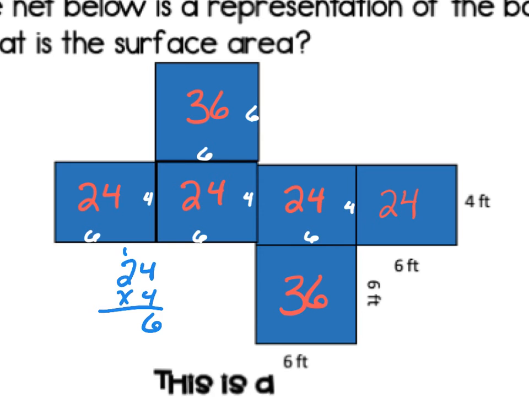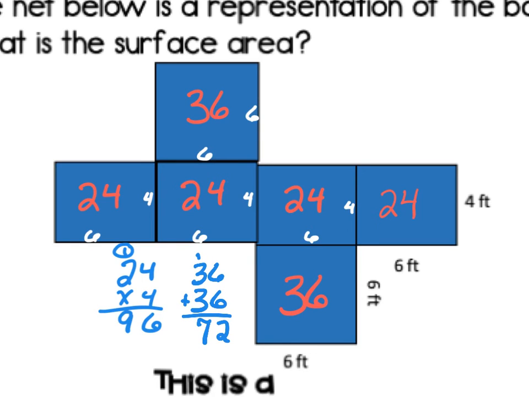Drop the 6, carry the 1, and then 4 times 2 is 8, plus 1 is going to give me 9. So I've got 96 for all of these boxes here, right? Well, now I've got 36 and 36. I can either do 36 times 2, or I could do 36 plus 36. Let's do 36 plus 36 because it's kind of fun. 6 and 6 is going to give me 12. Drop my 2, carry my 1. 3 and 3 is 6, plus 1 is going to give me 7.